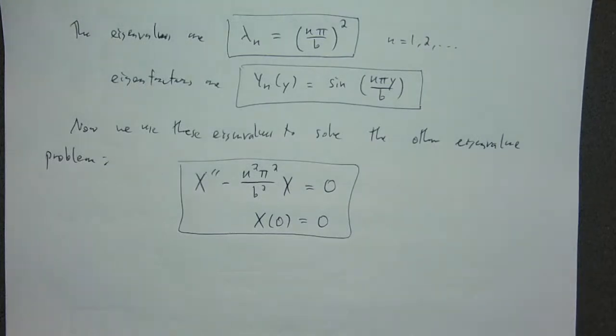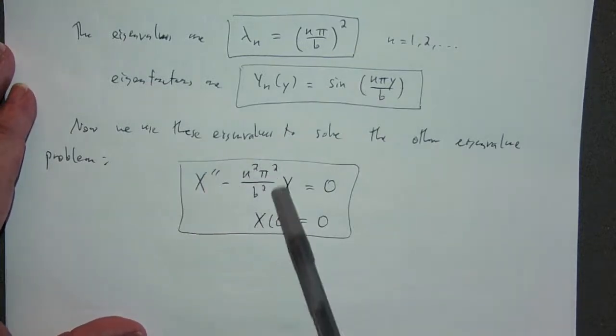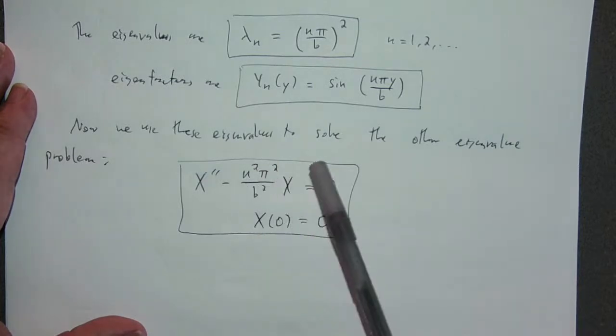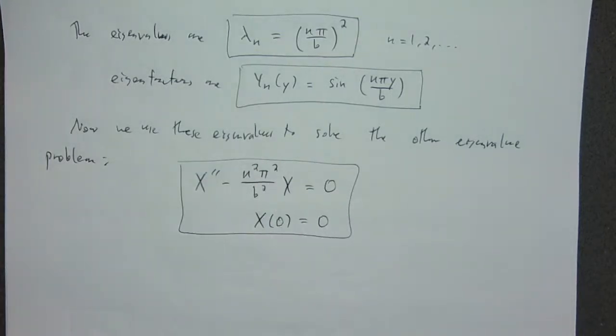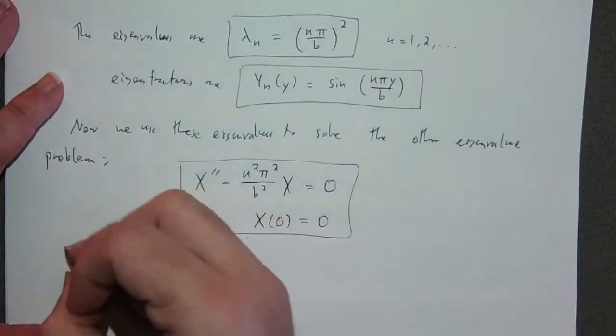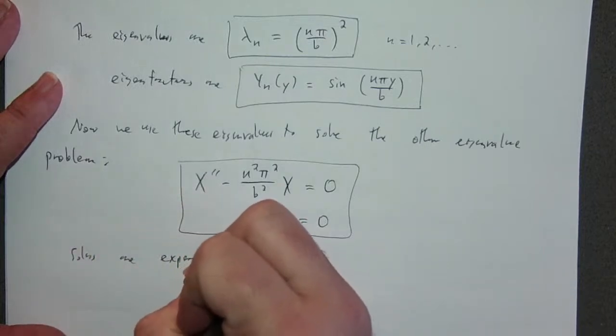Well, this is X double prime minus a thing that is always positive times X is equal to 0. The solutions to this are not sines and cosines, they're exponentials.